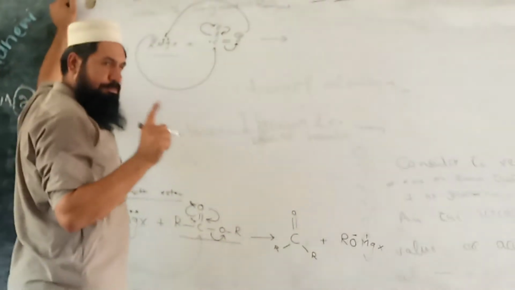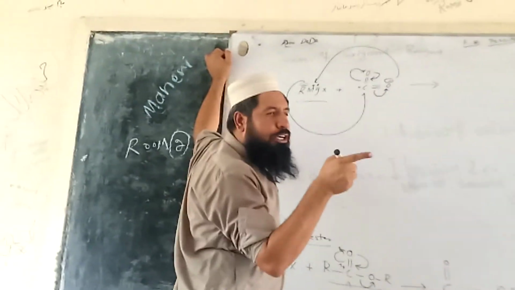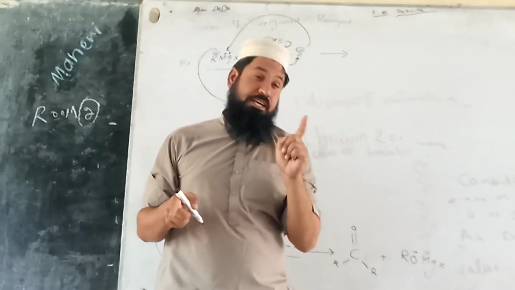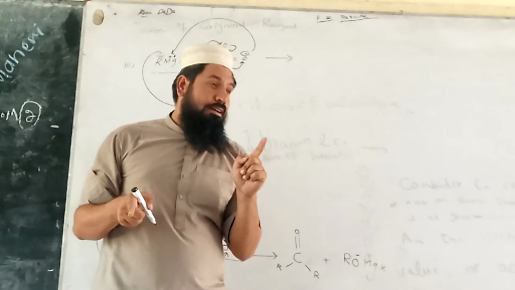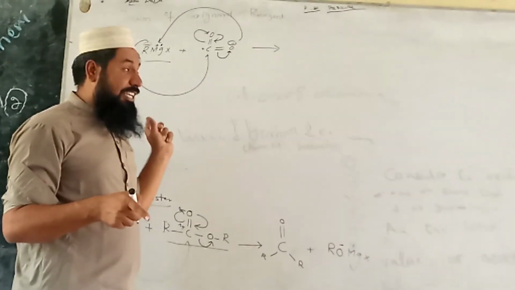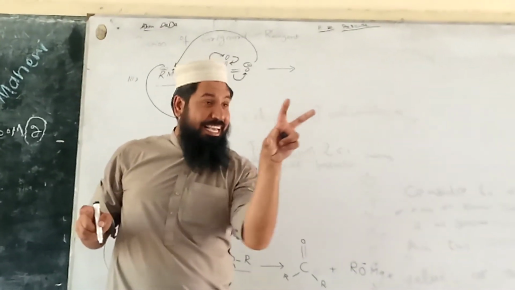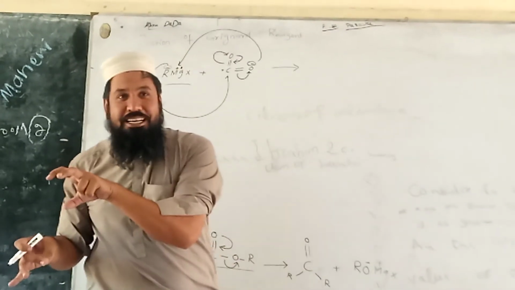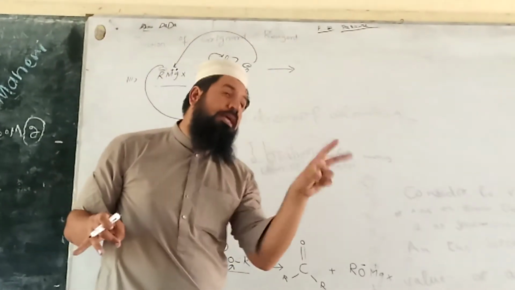When carbon is bonded to magnesium, carbon will bear a negative charge and magnesium will always be positive because magnesium is a metal. We studied yesterday that this is an organometallic compound. When an organic moiety is directly linked with a metal, the metal will always be positive.